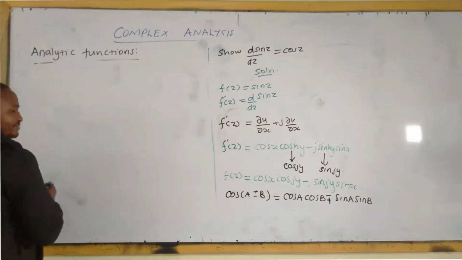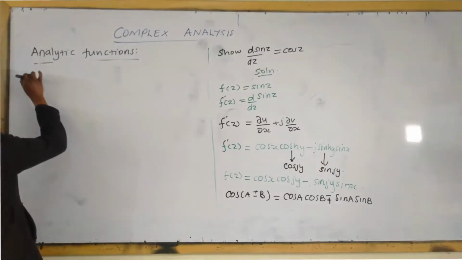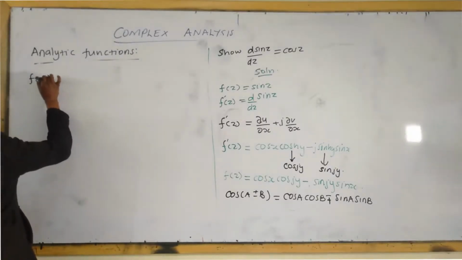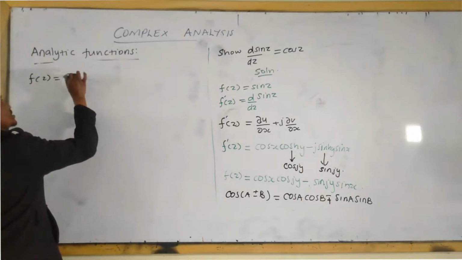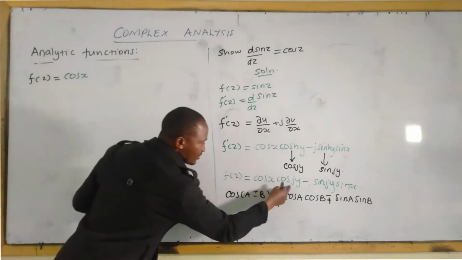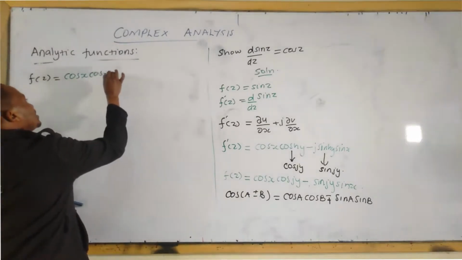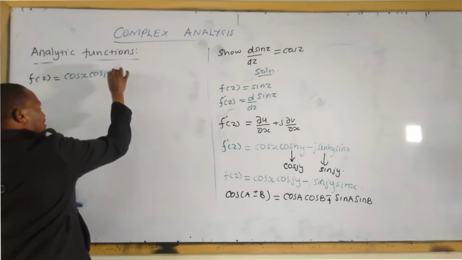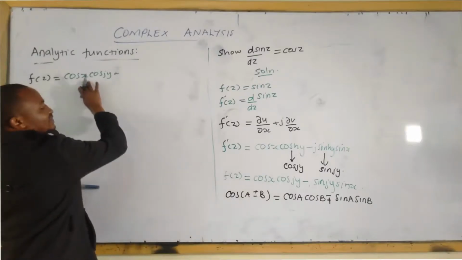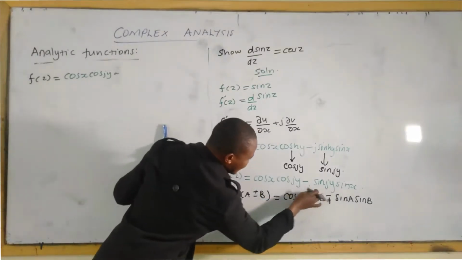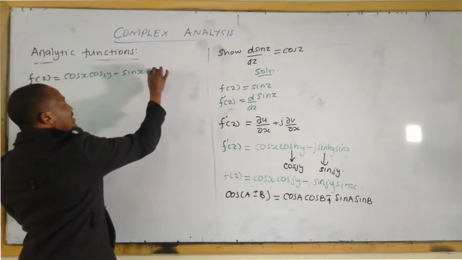We write now a function of z, but we make those changes in the trigonometric function. Function z now becomes cos x cos jy minus, I can start with x, let me again start with x just for uniformity, sin x sin jy.